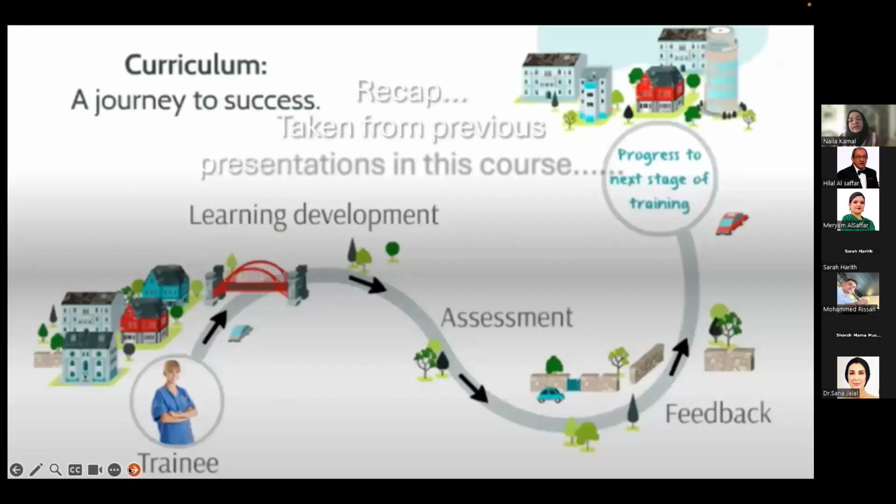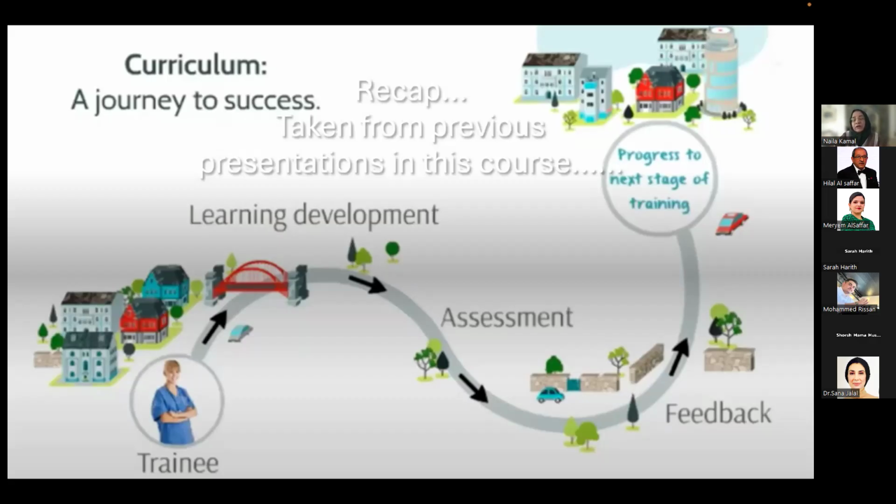This was another slide that I saw where you're talking about the learner's journey, where you have a good curriculum, an effective curriculum, and the trainee or the student starts on their journey and goes through various milestones, I would say, rather than hurdles, and then ultimately qualifies and gets to their goal.